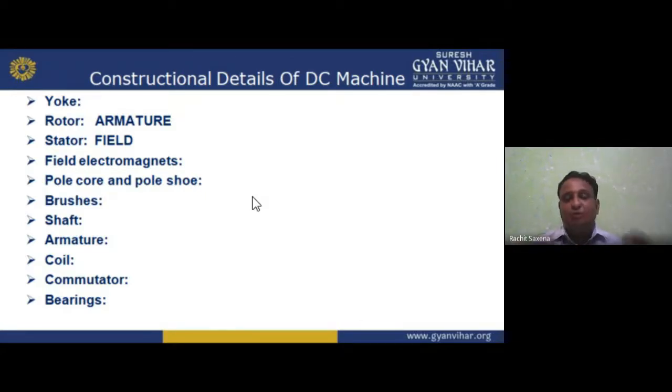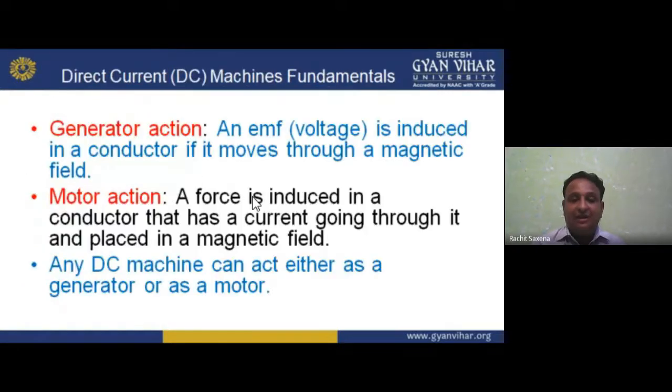Because, as already told, any DC machine can act either as a generator or as a motor. Means we can convert motor to generator and generator to motor. If I take the output from a motor and give it as input to a generator, and take the output of the generator and give it as input to a motor.